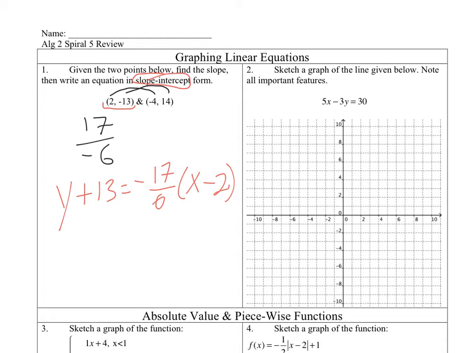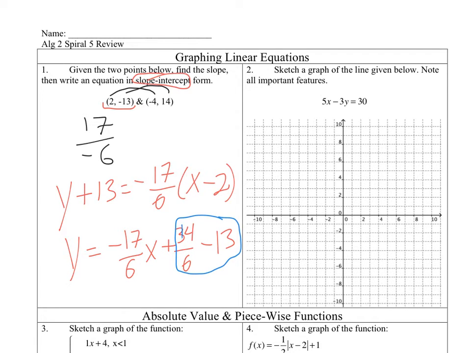Okay, to put this in slope-intercept form, that's y equals mx plus b, I've got to get the y by itself. Means I'm going to subtract 13 on this side, and I'm also going to have negative 17 over 6 times x minus 2. Negative 17 times negative 2 is plus 34 over 6, minus 13. And this stuff I can play with a little bit.